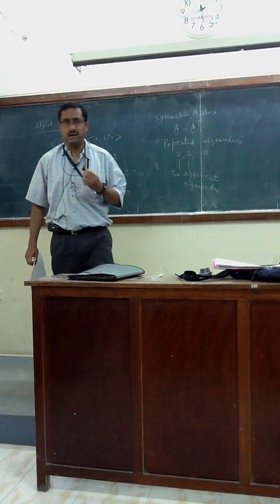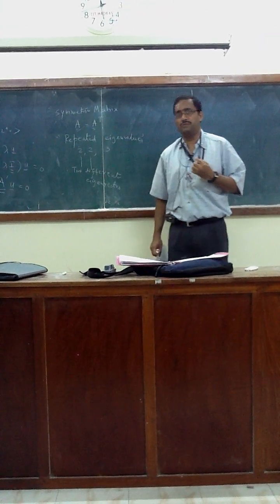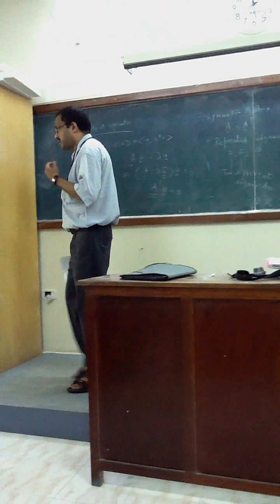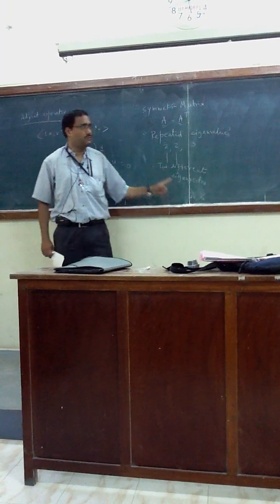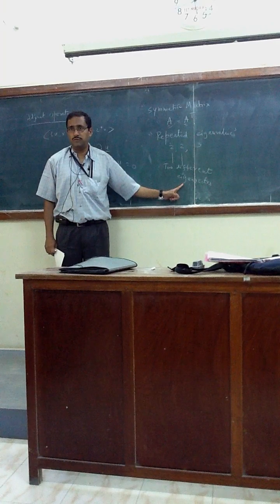When the eigenvalue 2 is repeated and you get two different eigenvectors, based on the principle, both eigenvectors will be orthogonal.